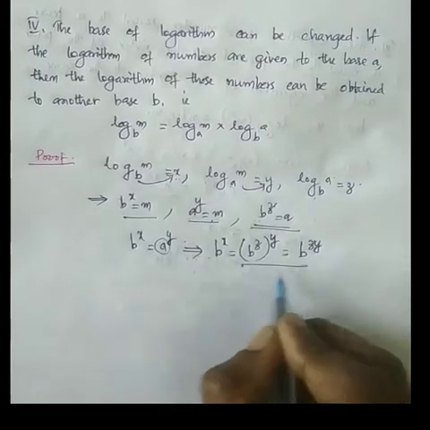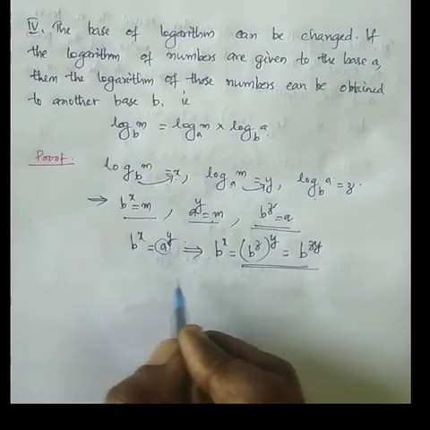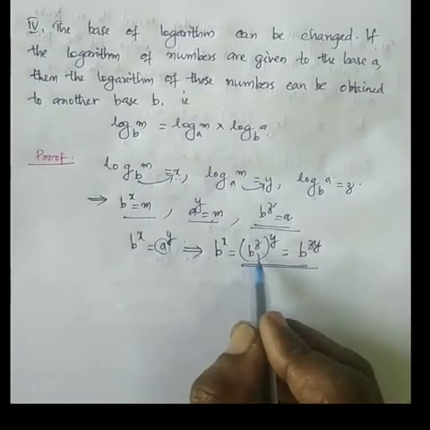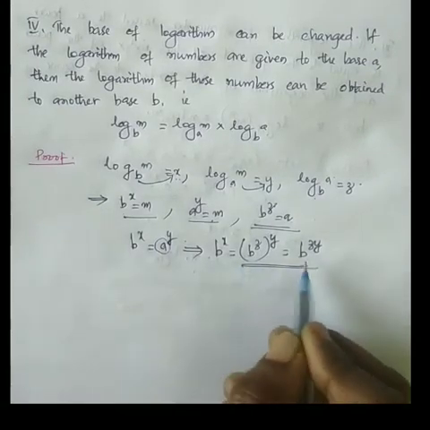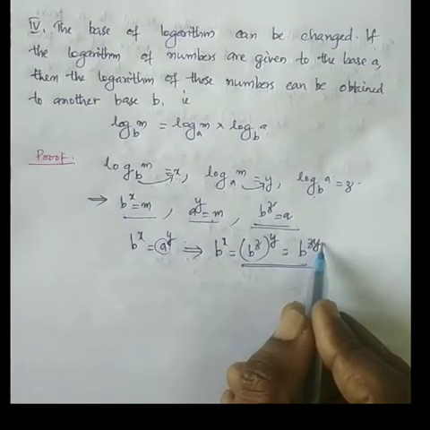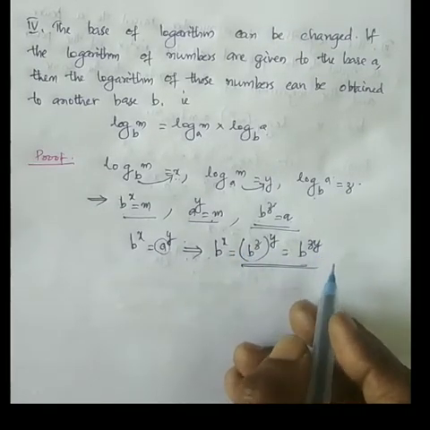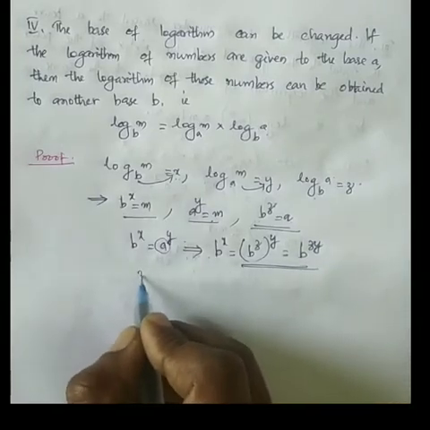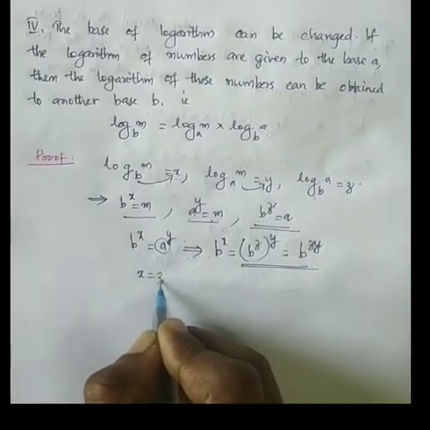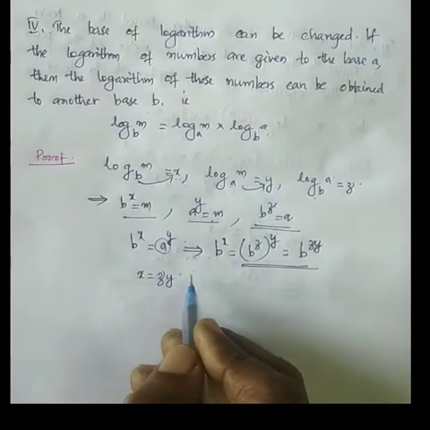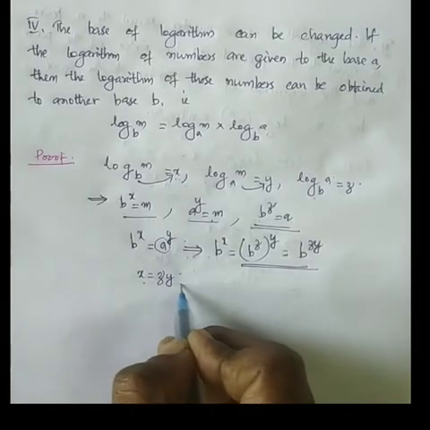See, we have b raised to x equal to b raised to zy. Since the bases are equal, the powers are also equal. Therefore, we can write x equal to zy. Okay, x equal to zy.